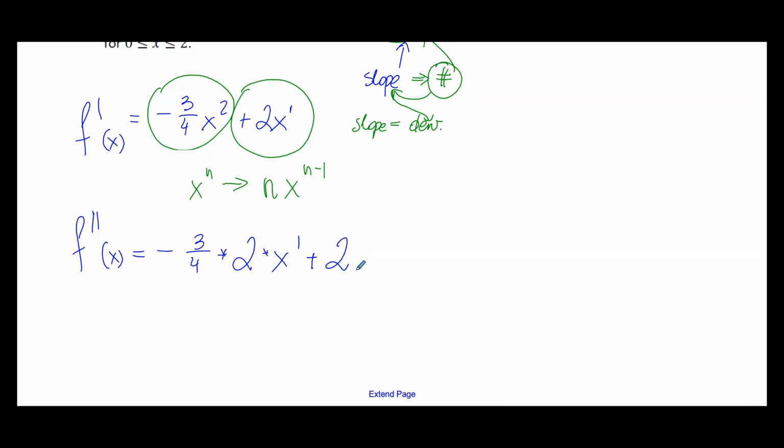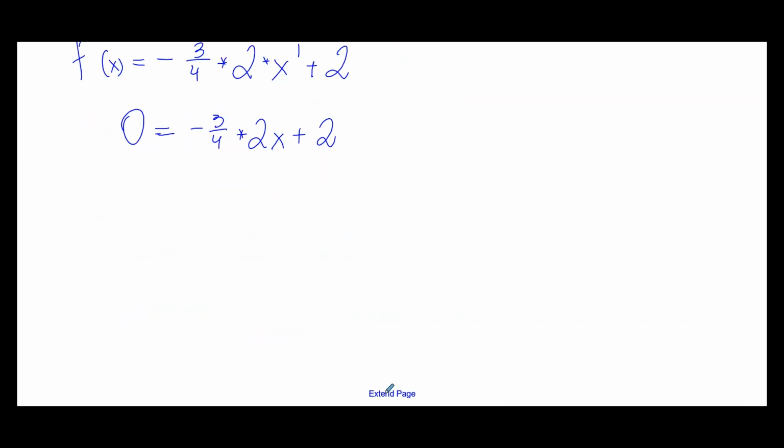So the process is the same as with the main derivative. We equal that to 0: minus 3 over 4 multiplied by 2x plus 2, and then we solve it for x. So we take 2 to this side of the equation, we change the sign, and then we divide both sides by the number that stands beside x.